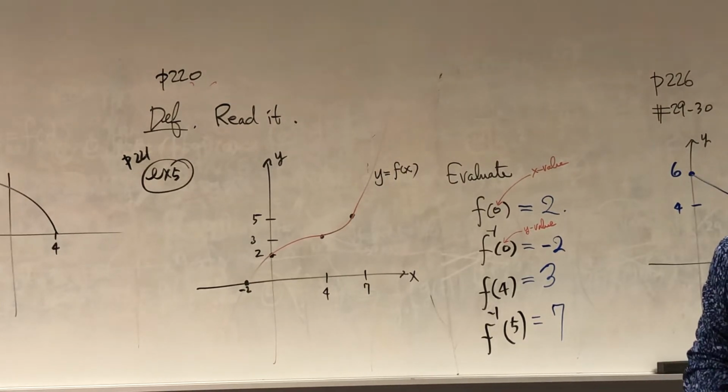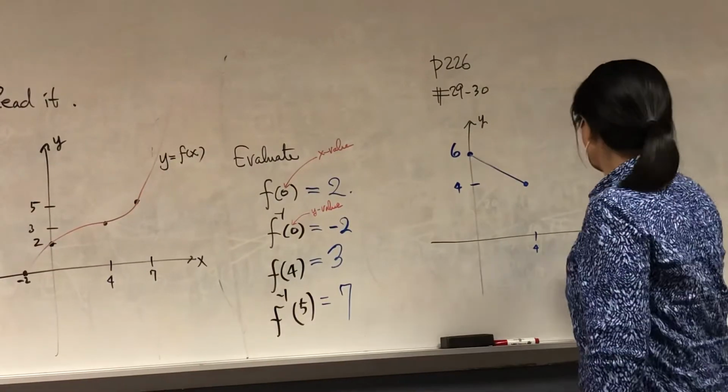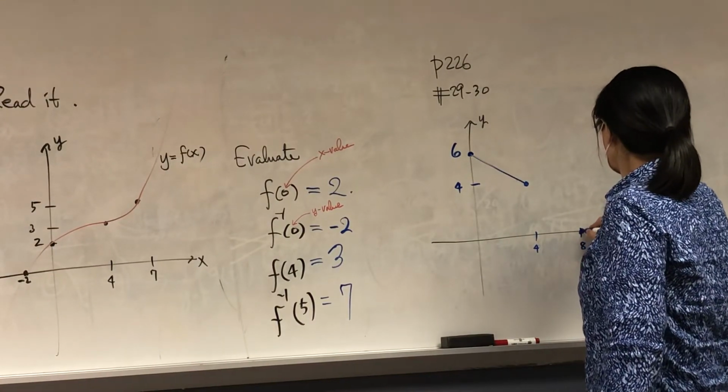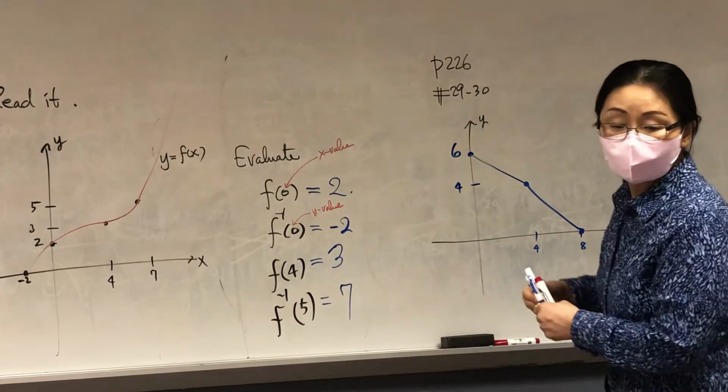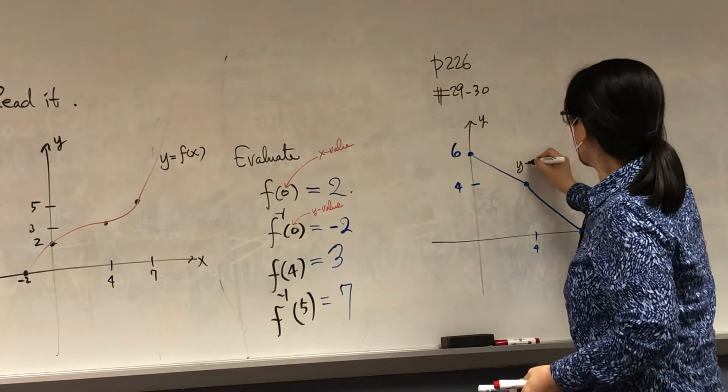And 8, 0. This is your graph of y equals f of x.